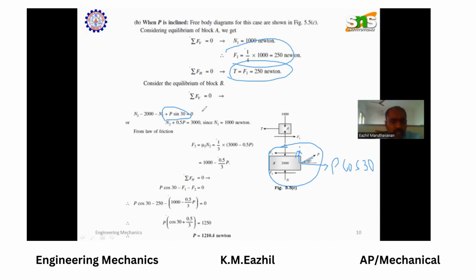Instead of F2, we can substitute the above equation and we get the P value as 1210.4 Newton, either by solving two unknowns, two equations using a calculator, or by substituting the F2 value over here. We'll get one equation, and we can get the P value as 1210.4 Newton.